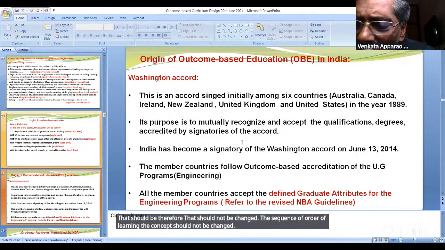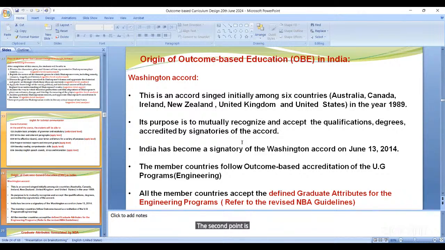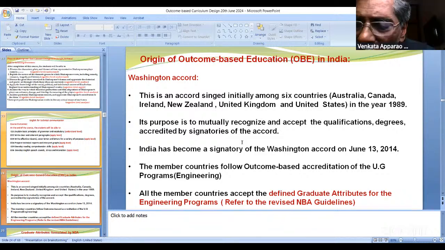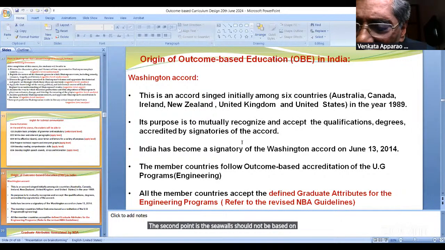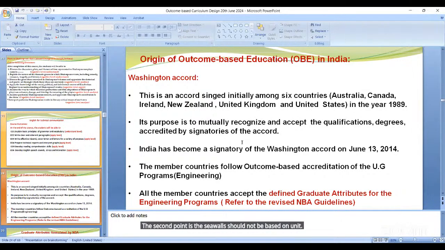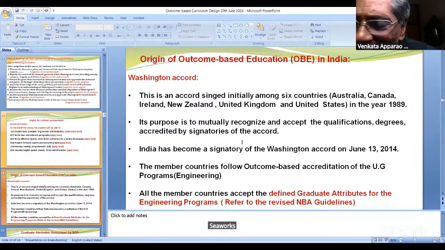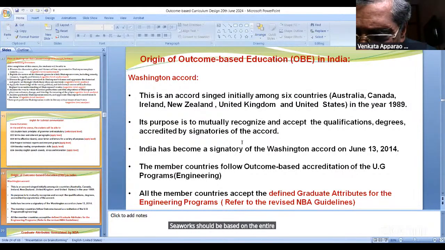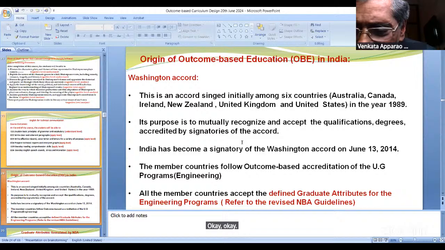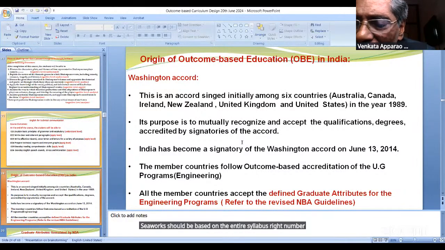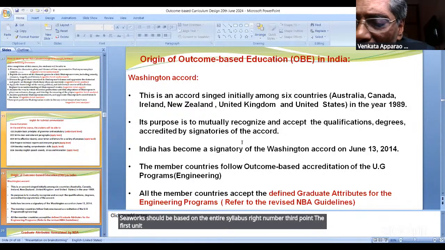The second point is the COs should not be based on unit. COs should be based on the entire syllabus. Third point, the first unit may have understand level.